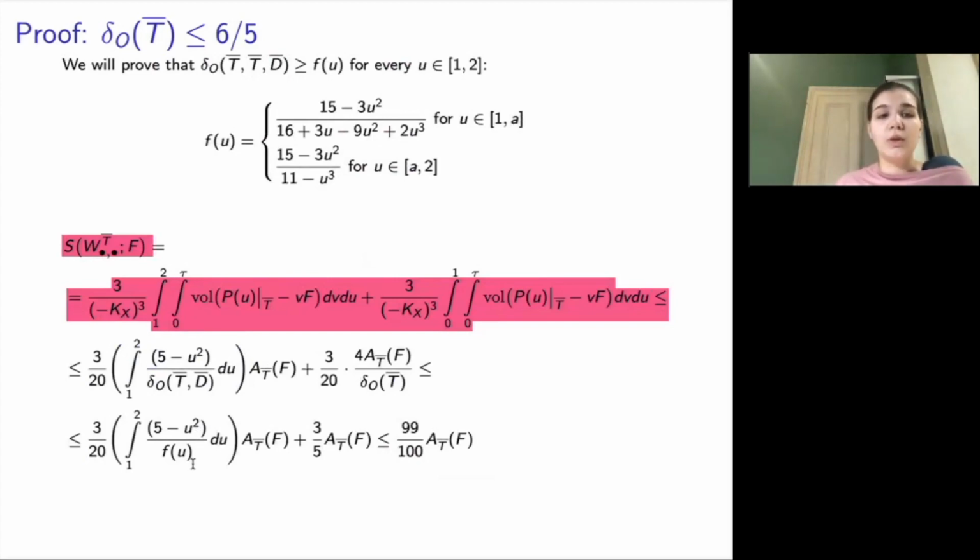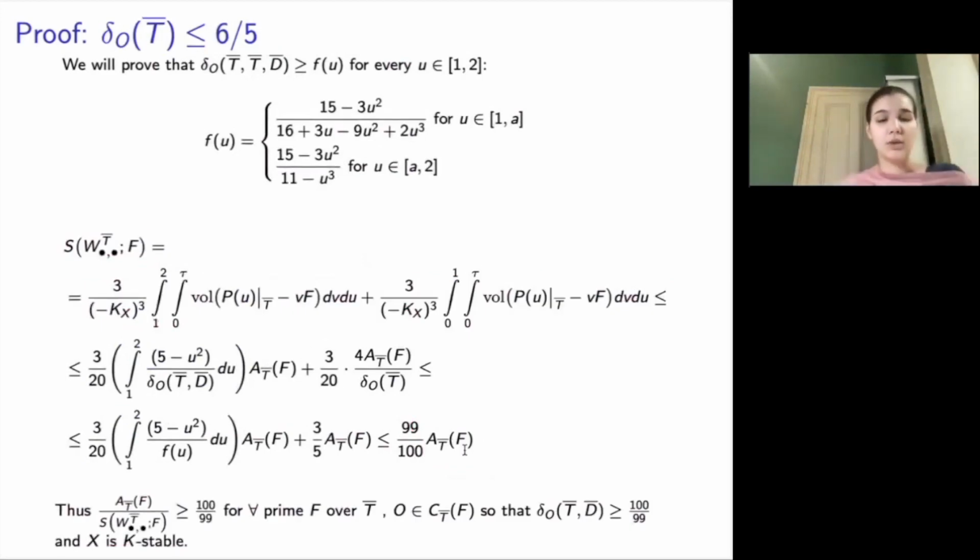And after integrating, we'll have that this S integral will be less or equal than 99 over 100 times the log discrepancy of any prime divisor f over tilde S. So since we know it for an arbitrary prime divisor f over our Du Val del Pezzo surface, then the infimum of these will be greater or equal than 100 over 99 for all prime divisors f over our Du Val del Pezzo surface, so the local delta invariant will be greater or equal than 100 over 99, which is greater than 1, and then X will be K-stable.